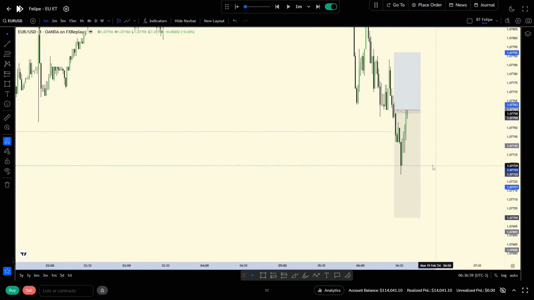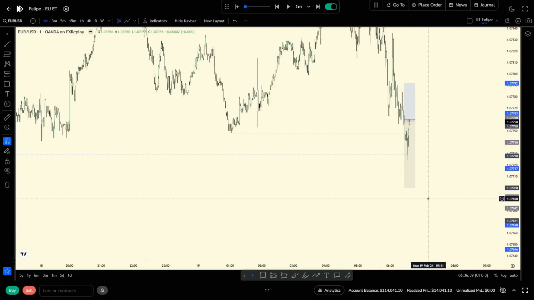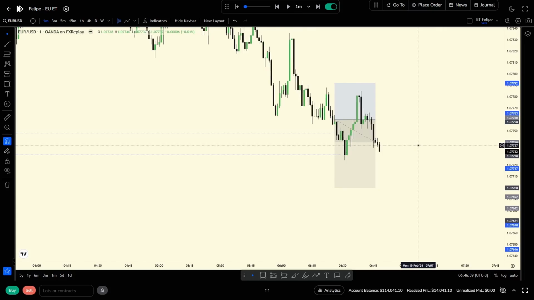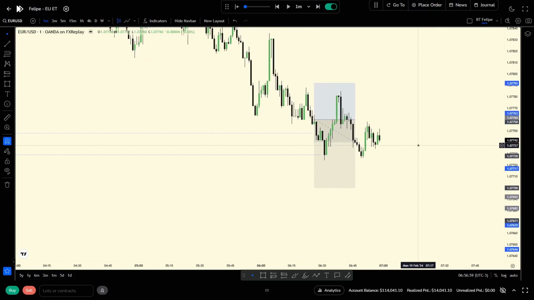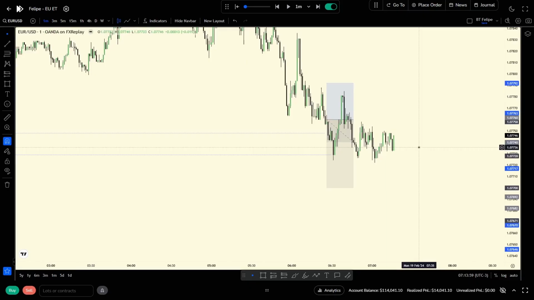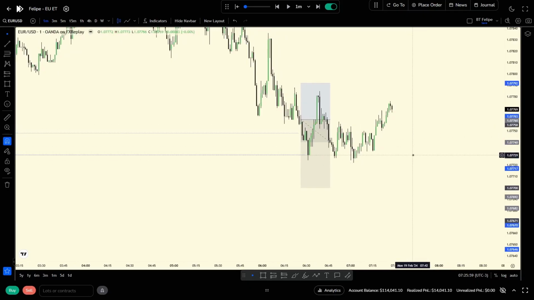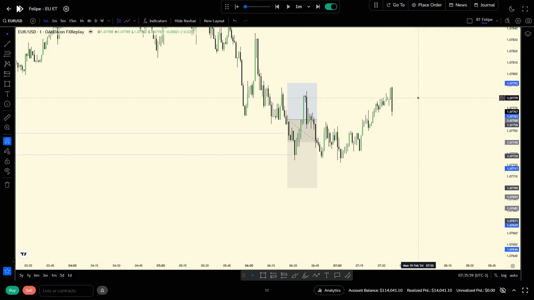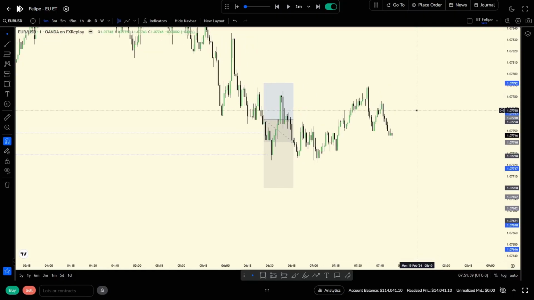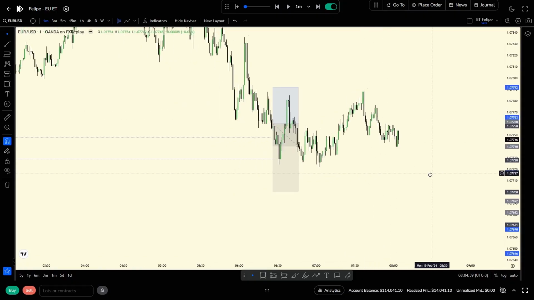Now there's demand entering after this liquidity, both of these. This one is probably going to fail. Consolidating a lot.